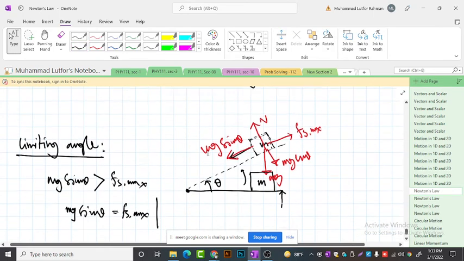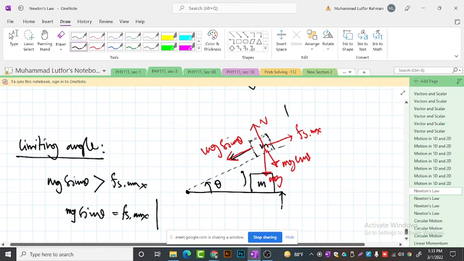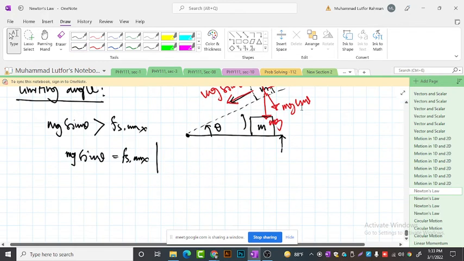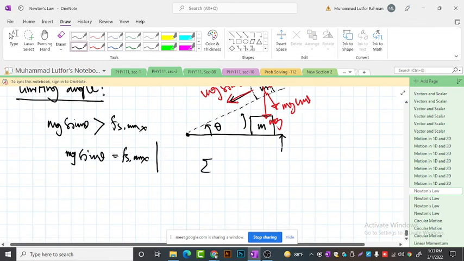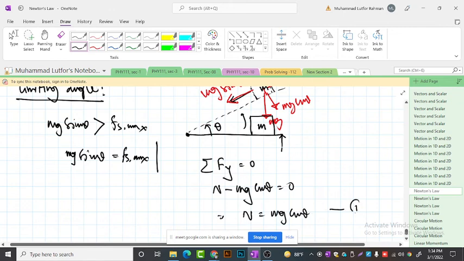Say I'll consider this my reference x-axis and this my reference y-axis. In that case, the net force along the y-axis would be 0. So N minus mg cos theta would be 0. I'll find that N would be mg cos theta. So this is equation number 1.